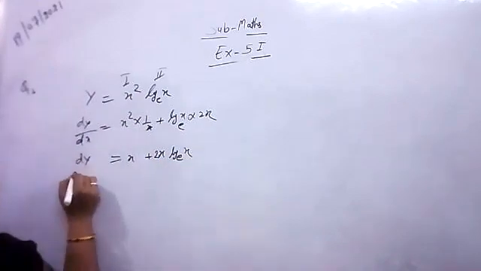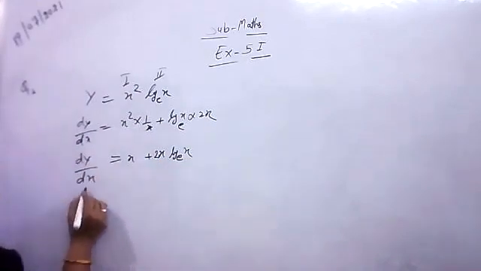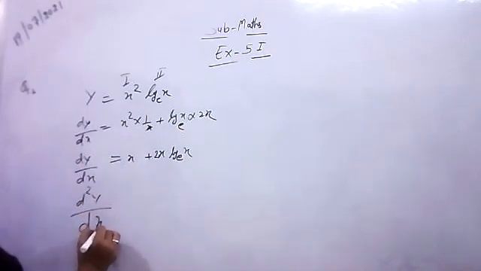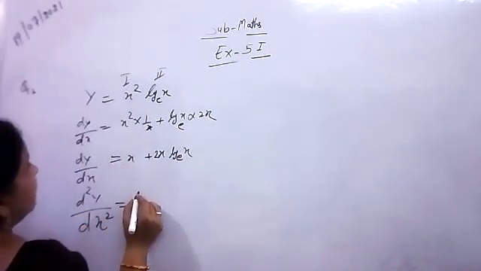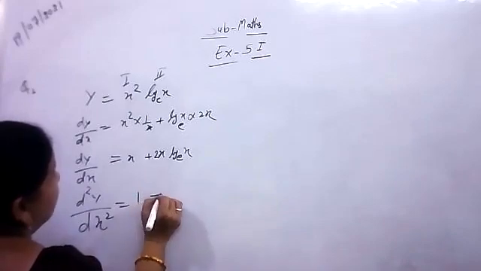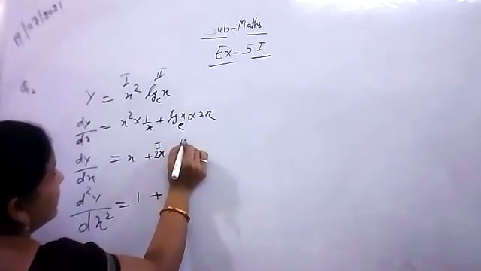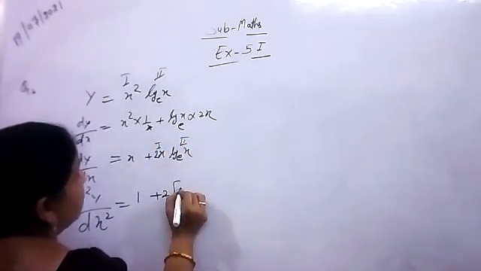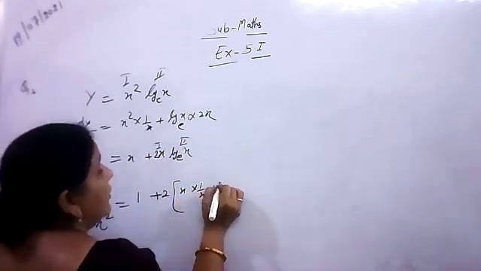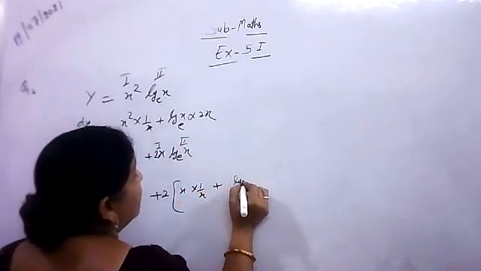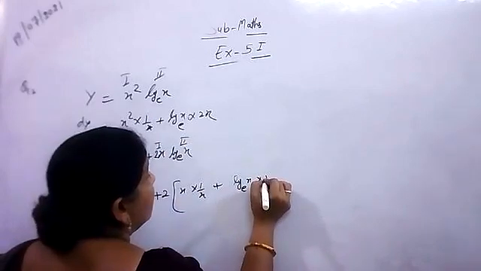Here we could take common, but I don't take common; I only differentiate again. So x differentiates to 1. Here there is a first function and a second function. 2 is common. First into differentiation of second plus second into differentiation of first.